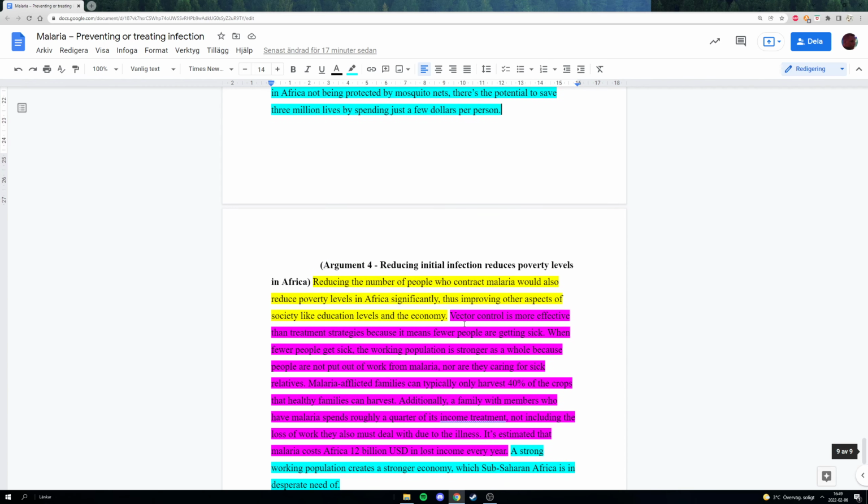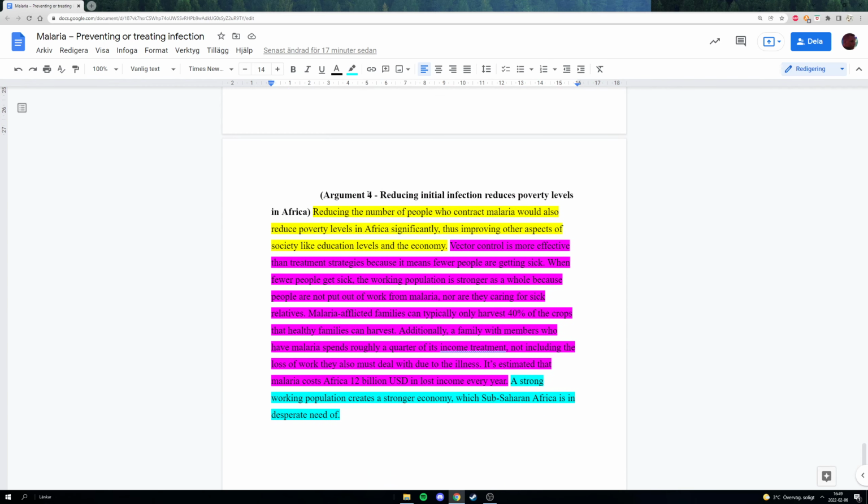Secondly, they have their fourth argument, you could say, depending on how you want to view it. I've just broken it down now as much as I could for simplicity's sake. But the fourth argument then continues to discuss the fact that by reducing initial infection, poverty levels will also be reduced, which is another good thing for the economy.